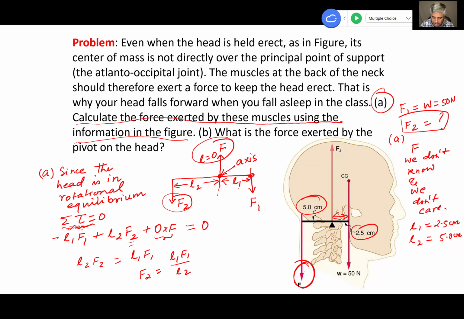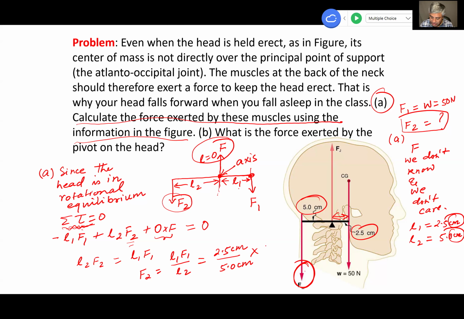See how L1 and L2 are in a ratio, so their units cancel no matter what unit they have, but we have to have the same unit. Here it is centimeter for L1 and centimeter for L2, so that's good.